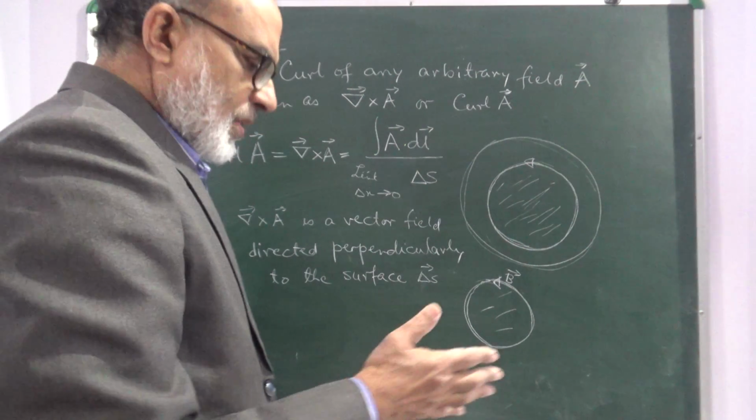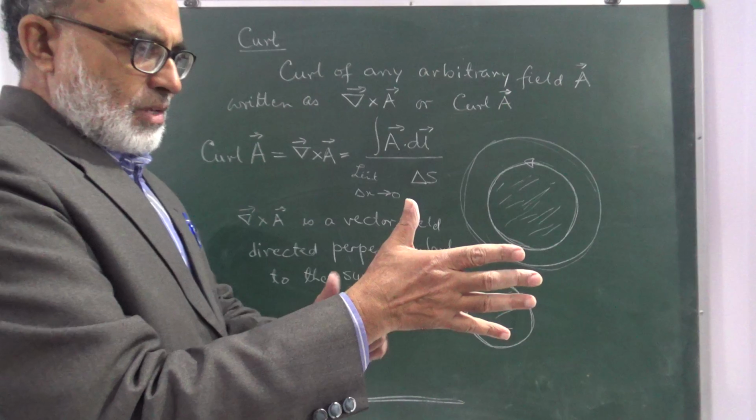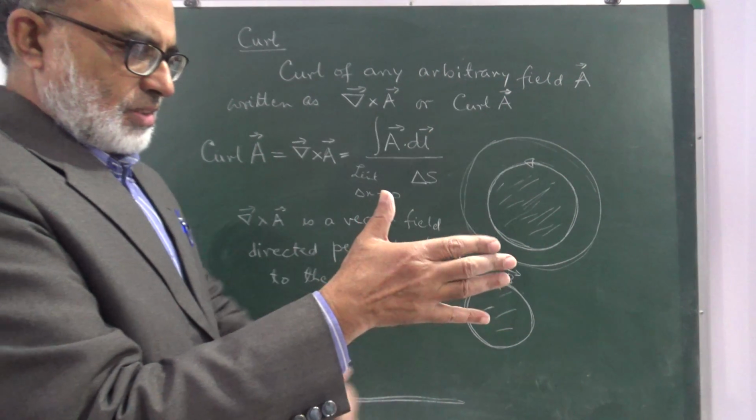You know that when a current passes in this direction in Ampere's law, then the magnetic field will form just like this.